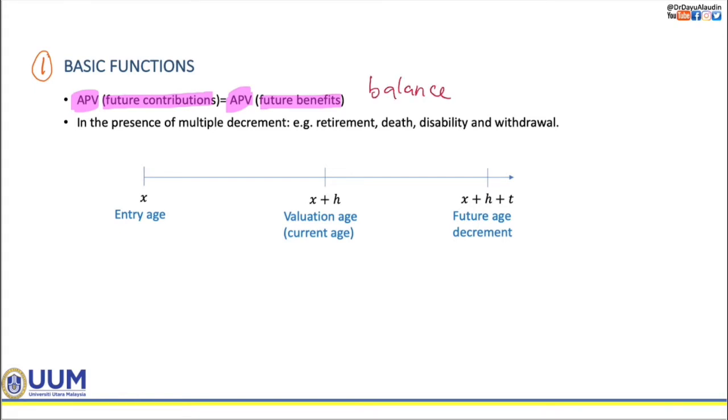We have three kinds of age: the entry age, when we start our contributions; the valuation age, which is the current age, denoted as x plus h; and the future age at decrement, x plus h plus t. The decrement can be withdrawal, disability, or age and service retirement.